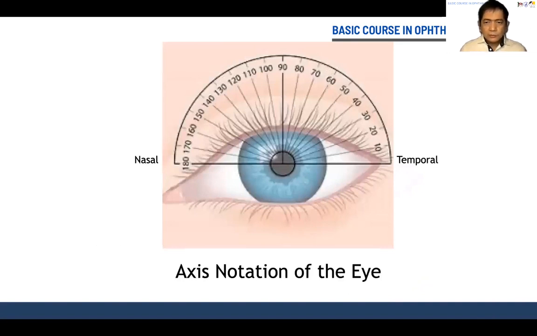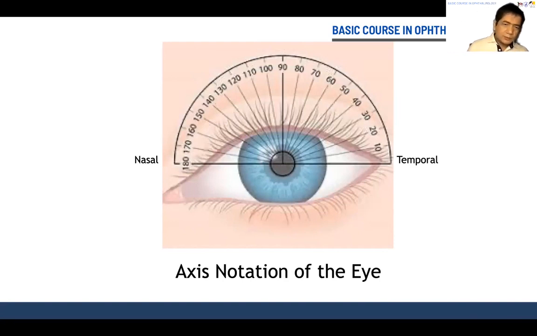You have to take note of the axis notation of the eye. When you're looking at the patient's eye, the zero notation starts from the left going to the right. So for example, in this left eye, in the axis notation, the zero is on the left, the 90 in the vertical middle portion, while the 180 is in the nasal portion of the left eye.